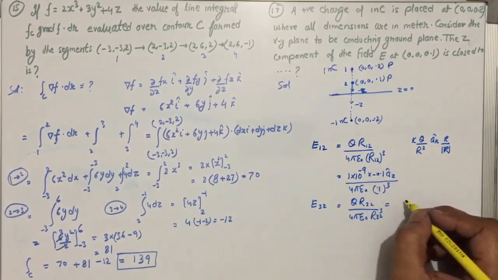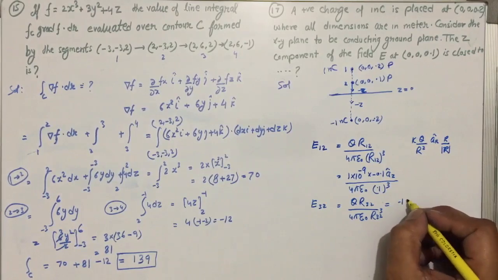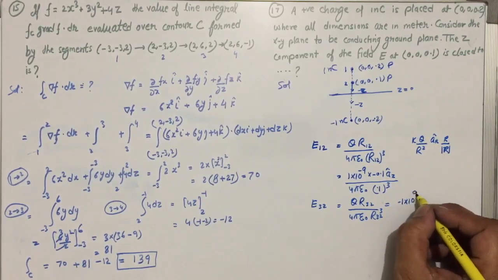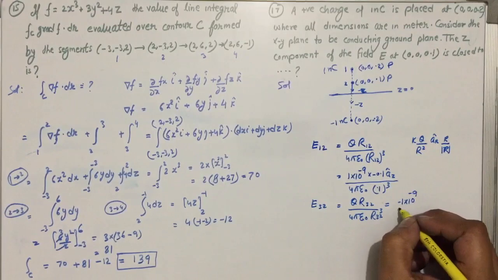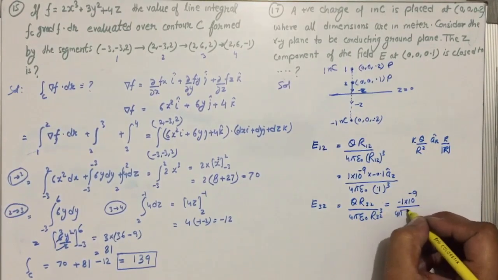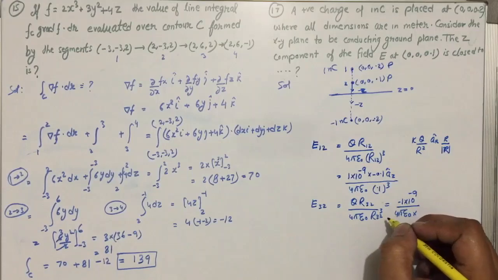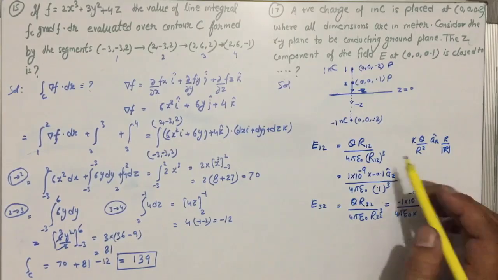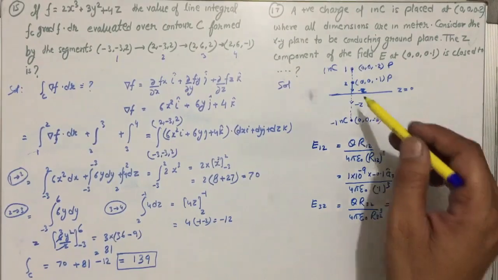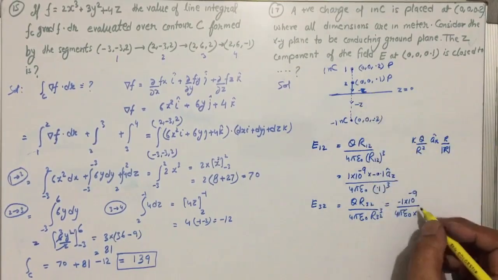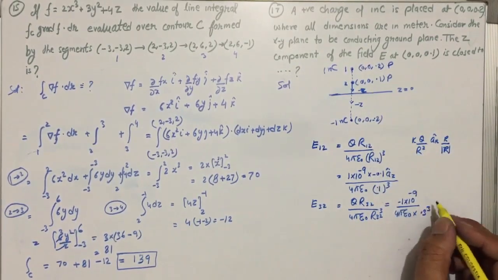So Q is minus 1 into 10 to the power minus 9 divided by 4 pi epsilon naught, and R32 is 0.2 and 0.1, so it will be 0.3 to the power 3.